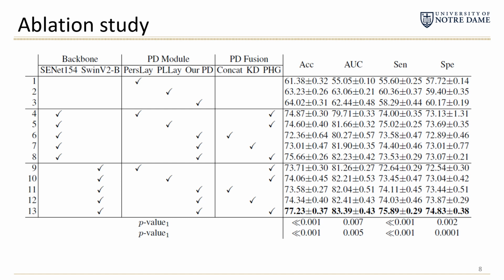From this ablation study table, we can see that our proposed persistent diagram encoder outperforms PersLay and PLA, and our proposed PHG module also performs better than the pure concatenation and knowledge distillation methods.